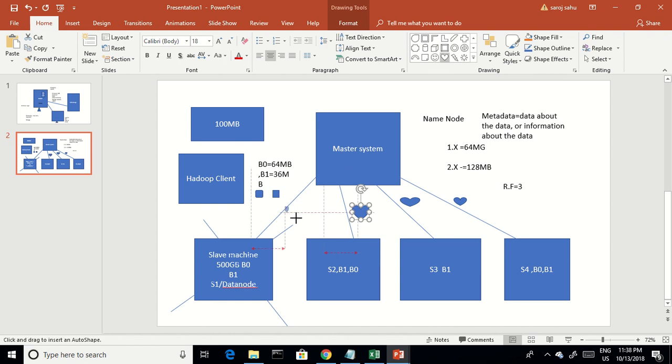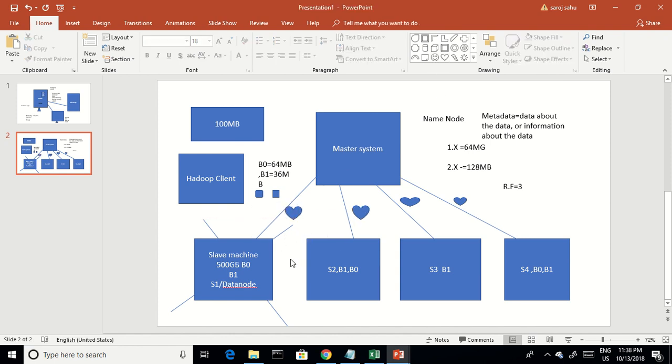Every 10 seconds, all the slave nodes, all the slave machines, will send the heartbeat signal to the master machine, stating that I am living, I am working fine.